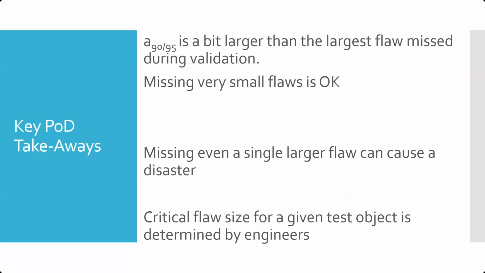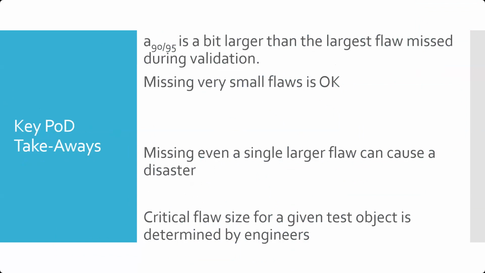So it's a bit larger than the largest flaw missed during validation, with the understanding that, again, those very, very small flaws are probably okay. They're small enough that they're not at risk of causing a critical failure.